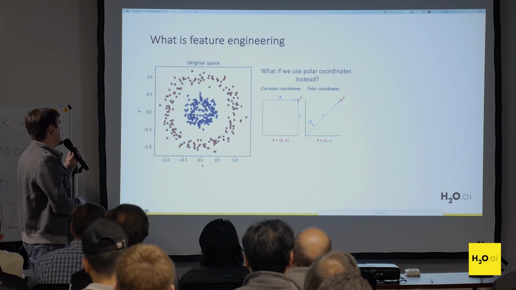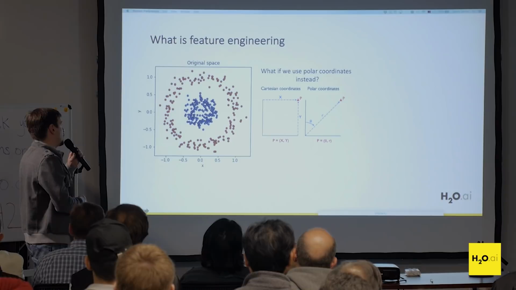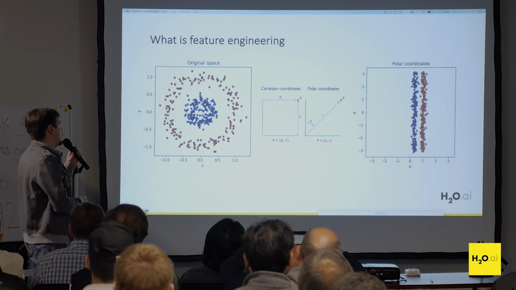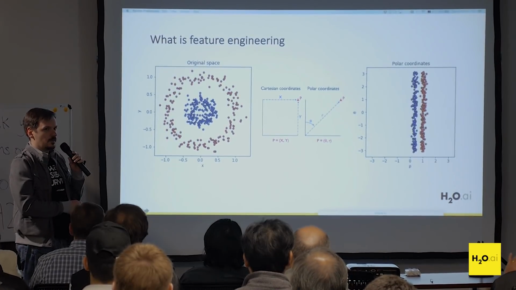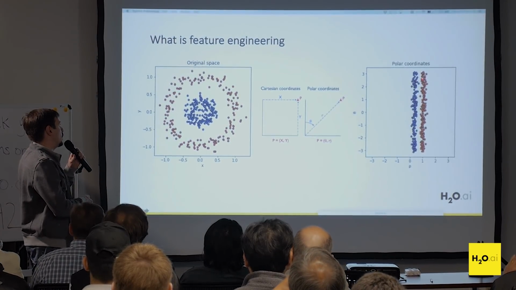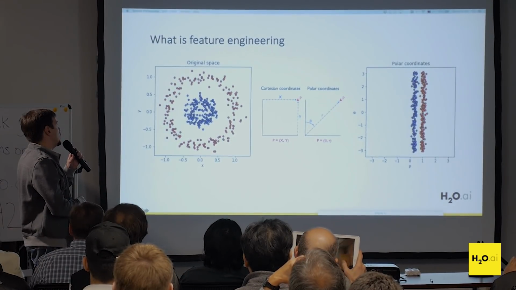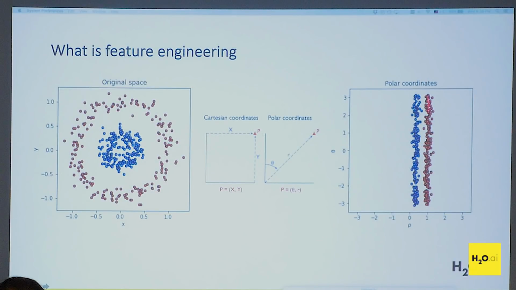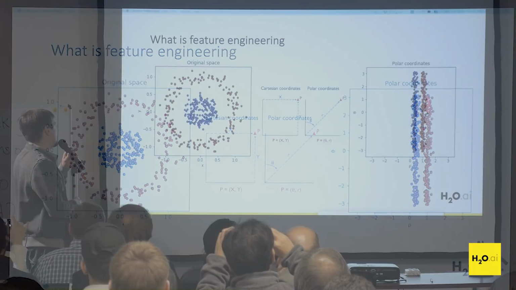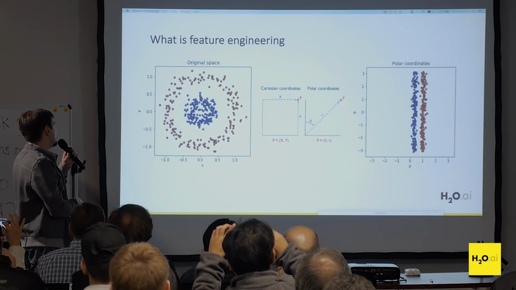But if you transform the Cartesian coordinates into polar ones, they immediately become very easy to separate by a single line. Of course, you apply a quite complex transformation. You can think of this transformation as feature engineering because you just engineer a feature for a model. But it allows you to build a simpler, more lightweight model compared to, let's say, fitting a random forest to it.